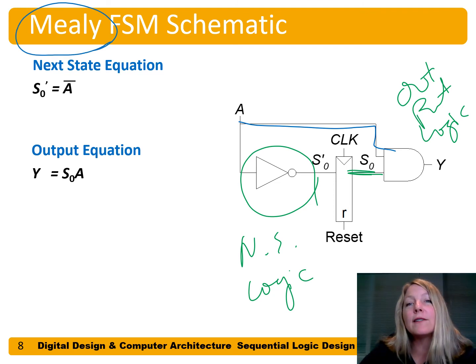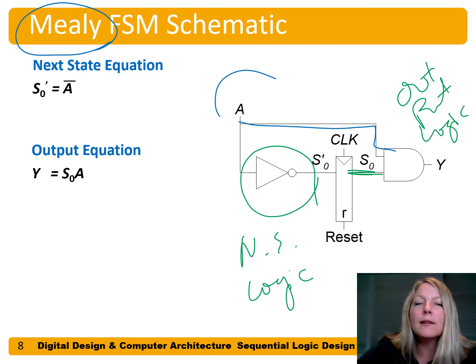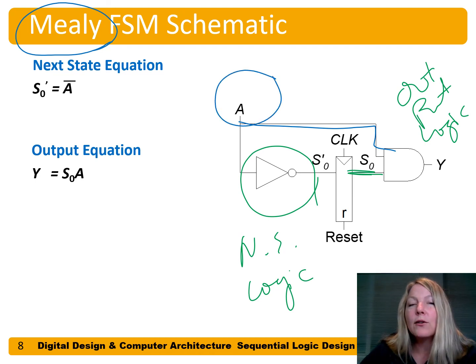So most of the FSMs that you're going to encounter or design are Moore type FSMs, but Mealy FSMs matter when we want the output to respond immediately to the input change. So Mealy FSMs are only used when timing is critical, and responding to the input change has to be fast.